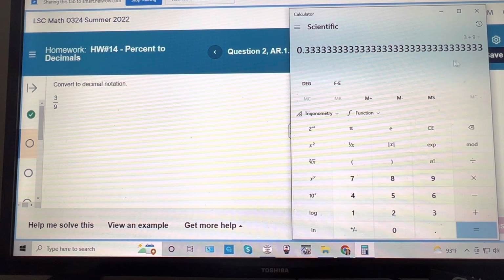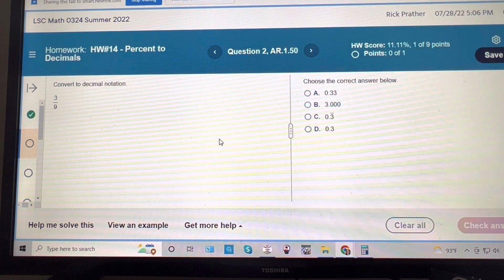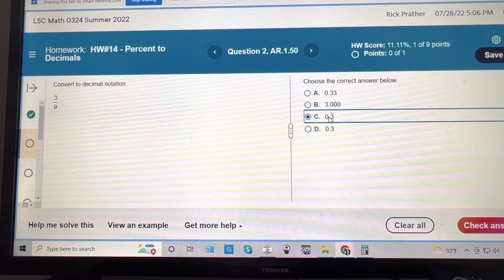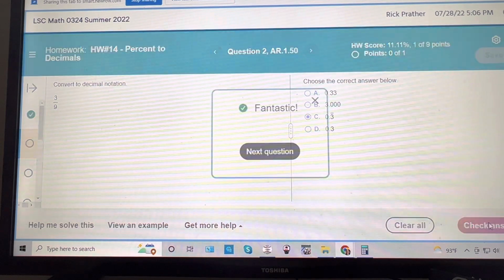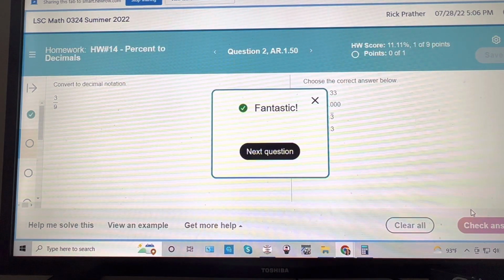But the 3's continue forever, it doesn't just stop after a while. The way we write that in math, since us humans can't write something that's infinite, is commonly 0.3 with a bar over it. That means the 3 repeats forever. So it's not 1 3, it's not 2 3's, it's not 50 3's, it's an infinite number of 3's. So many 3's you could never write them all down.